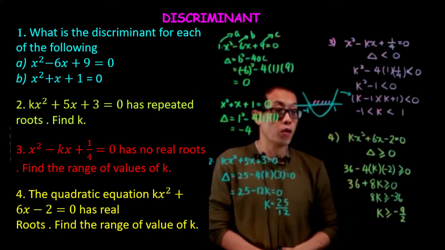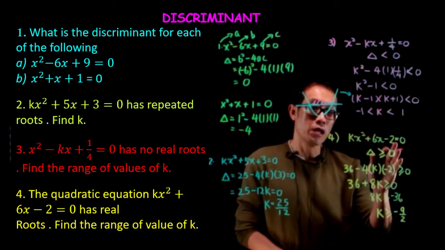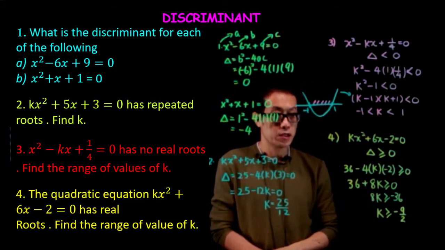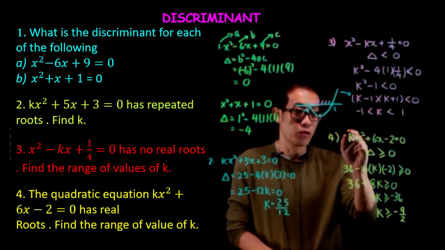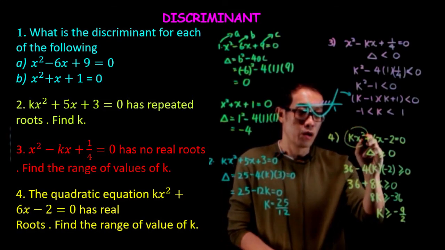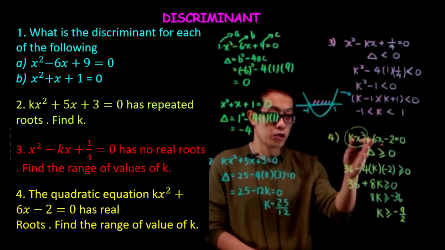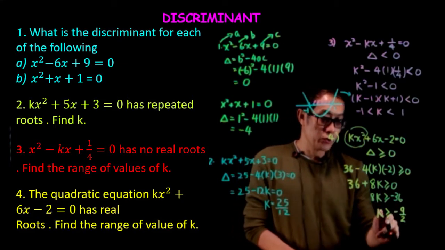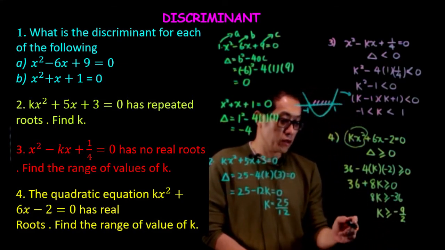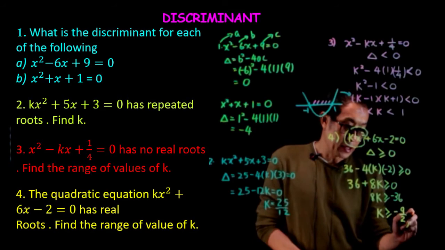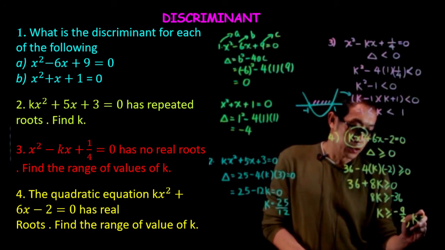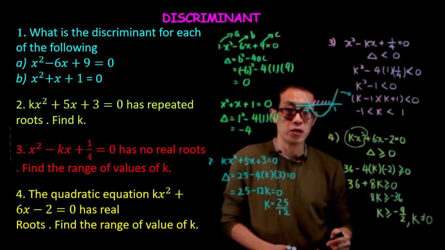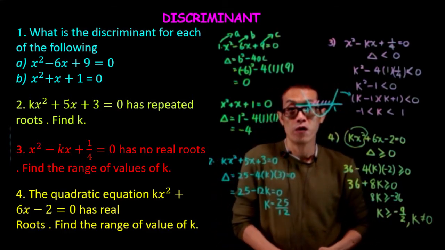When k is 0, this will no longer be a quadratic equation because this term here will be 0 because k is 0. The equation becomes linear. Therefore, the full solution will be k must be greater than or equal to minus 9 over 2, but k does not include 0. Okay, this will be the complete solution for question 4.